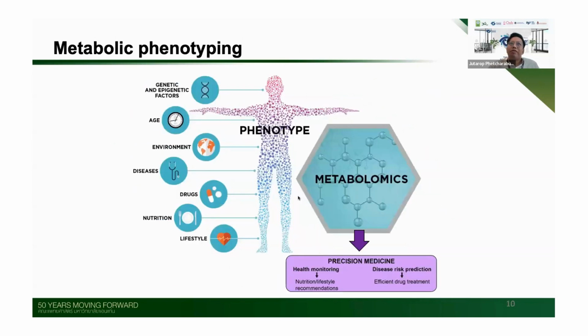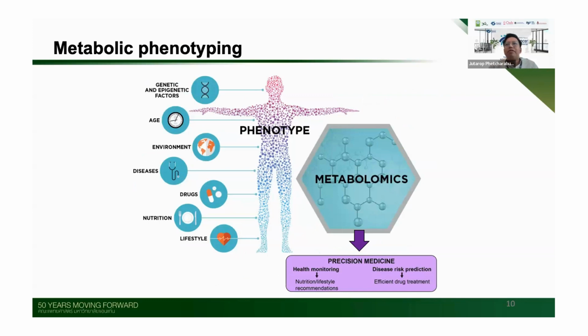When we talk about metabolic phenotyping, there are quite a few factors contributing to changes of the phenotype. These include genetic and epigenetic factors, age, environment, diseases, drugs, nutrition, and lifestyle, all of which can be reflected through the phenotype that we could observe.